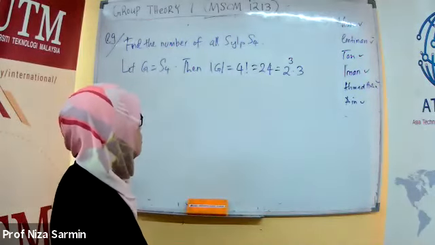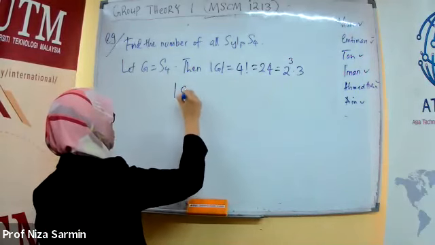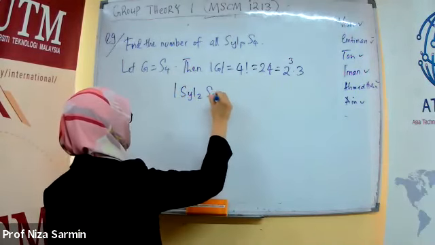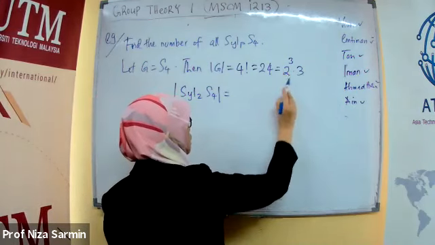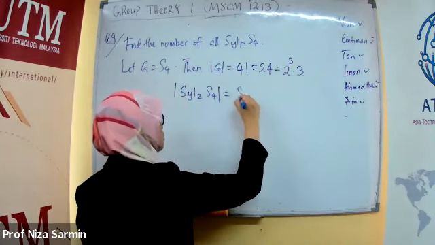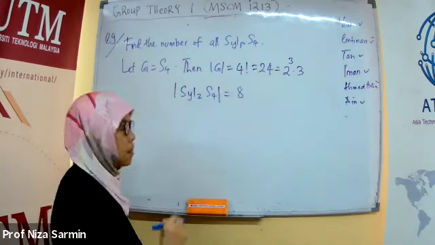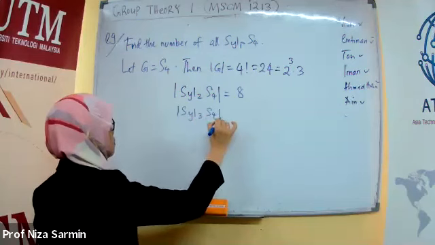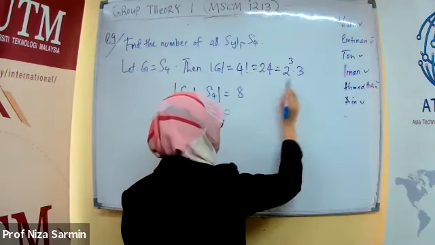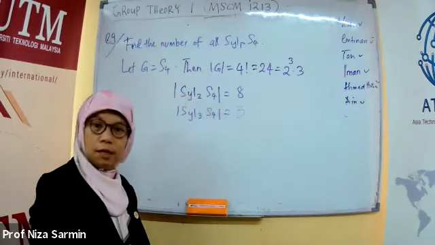So what is the order of Sylow 2? The highest order here is 8. And Sylow 3, what is the highest order here? 3.